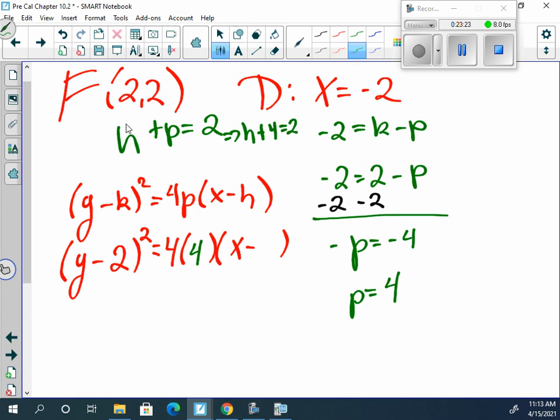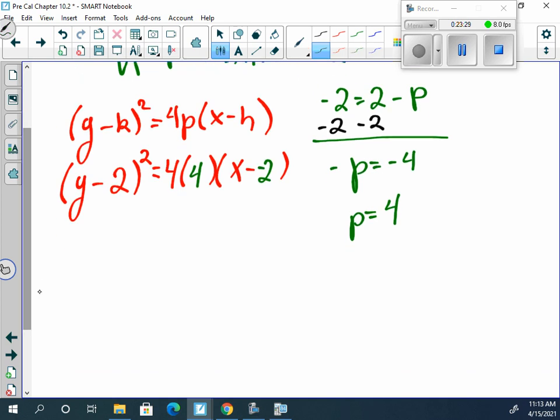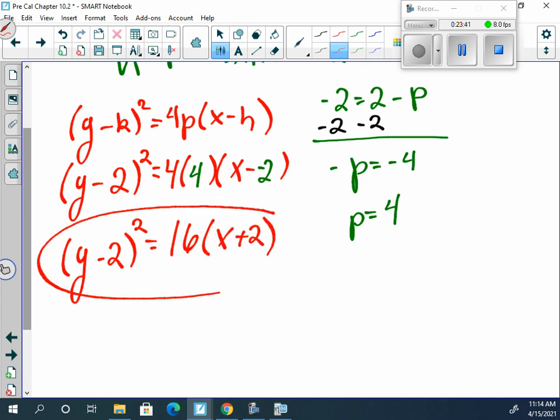So h is 4 times 4 is 2. And we get x plus 2 because the negative and negative make a positive.